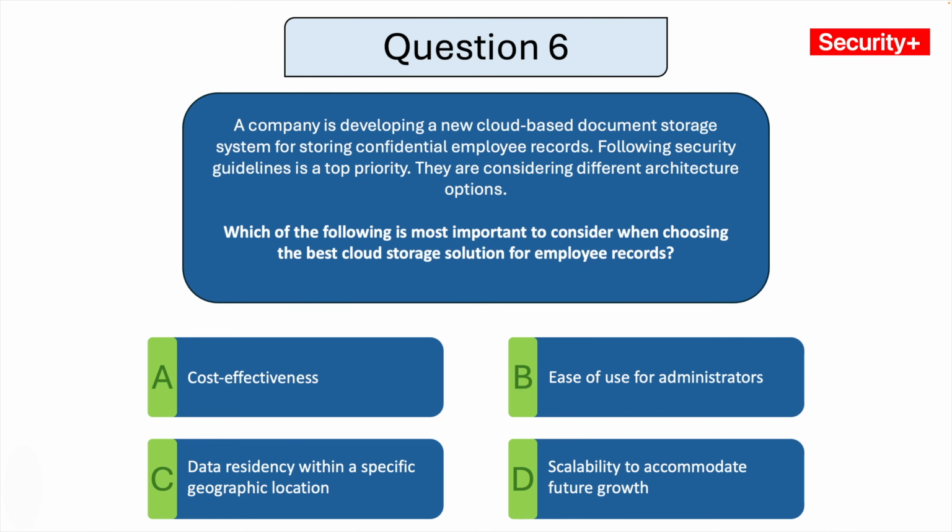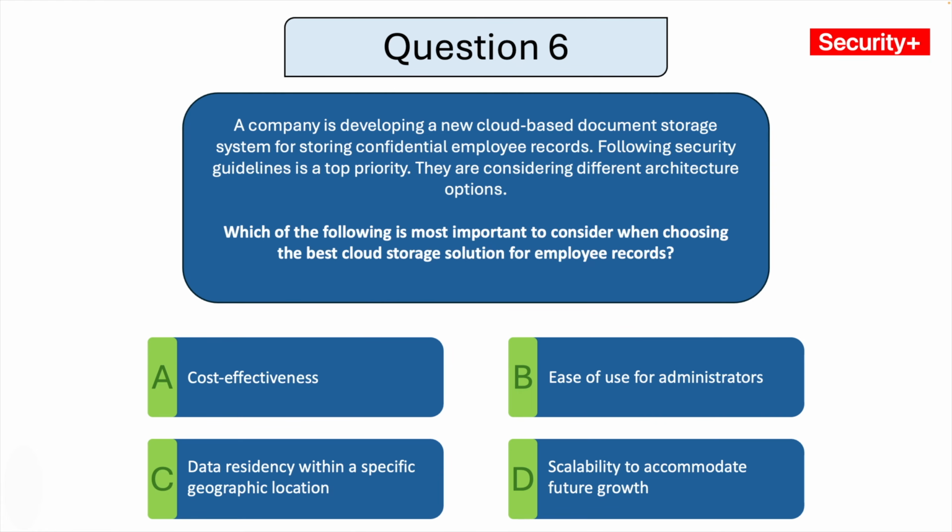And then we have scalability to accommodate future growth. That's always good and all, but that doesn't really address the scenario or the question about confidential information storage. I would say the best answer here is going to be C. You're always going to have to follow local laws when it comes to storing data, so that's something they definitely have to consider when choosing a solution.